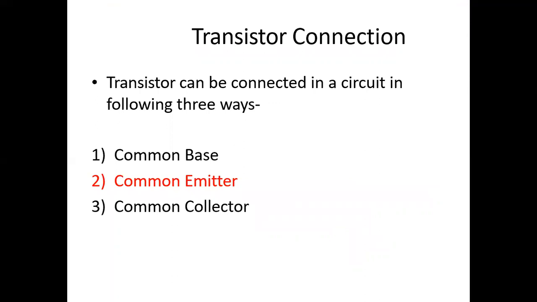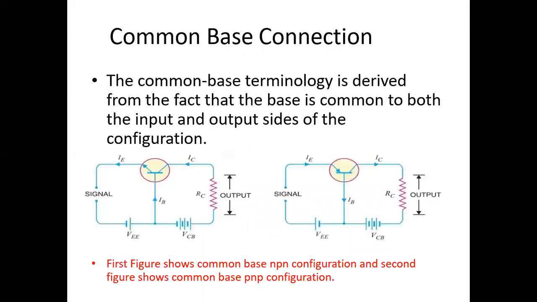First, we are going to discuss the three common connections for a transistor: common base, common emitter, and common collector.